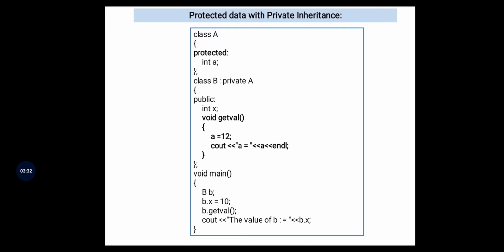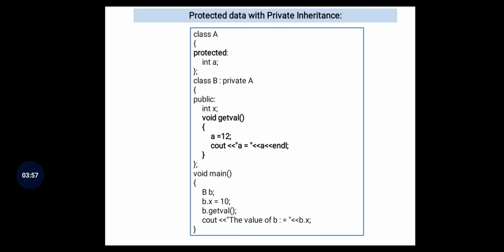Here is a small program which shows that A is a protected member of the base class. If you look at this, it's very simple. We don't need a public member function of the base class to access this A. How we can access it is very simple. We can access it by a public member function of the derived class.